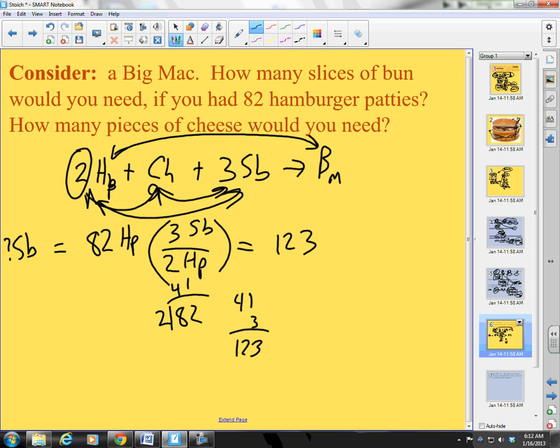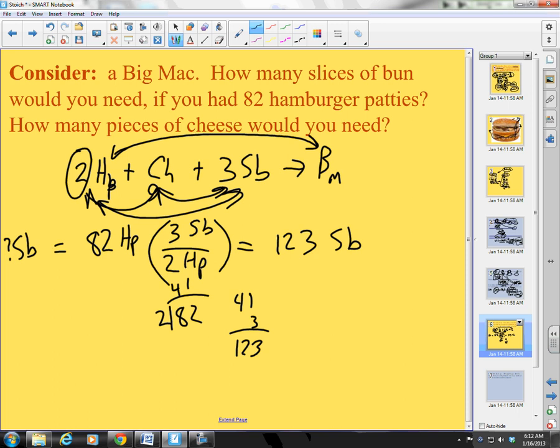Since we're talking about hamburgers here, we won't do our sig figs yet. So we need 123 slices of buns to use up my 82 hamburger patties.